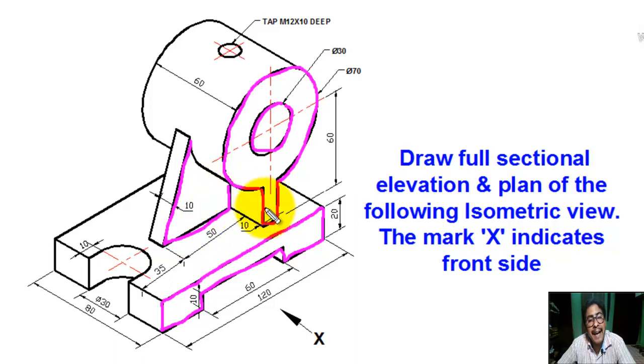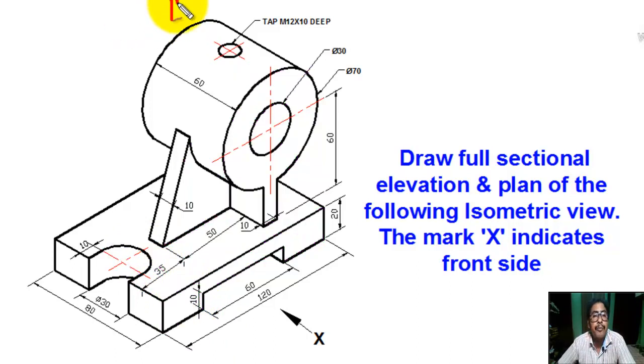This line and this line coincide, and this portion and this portion coincide. Tap M12 into 10 depth, this will be hidden, and also in the front view this line will be hidden.